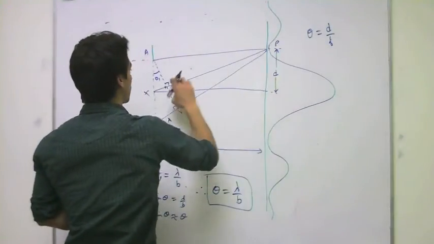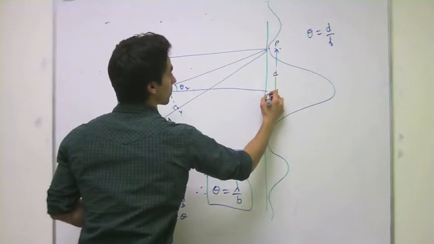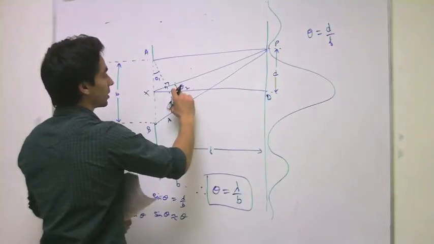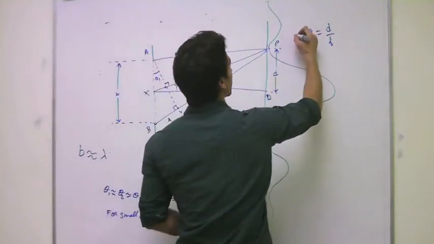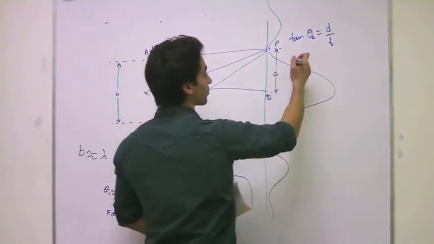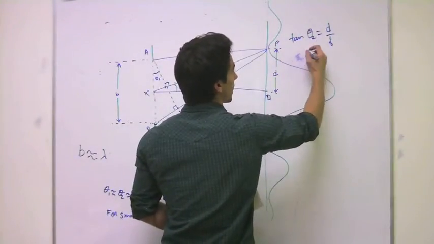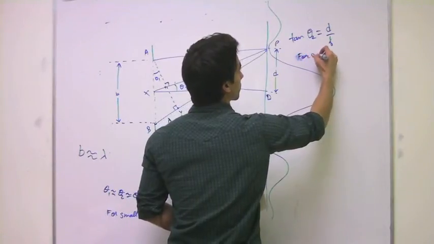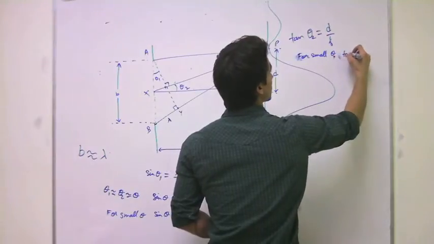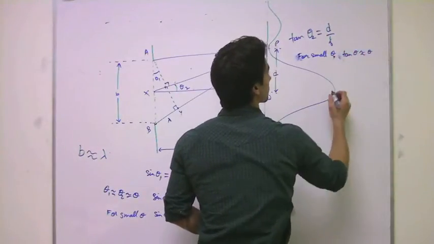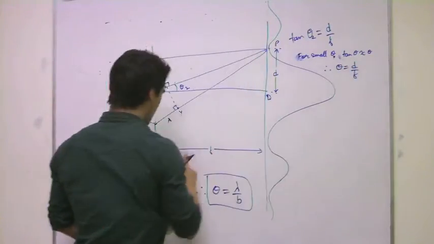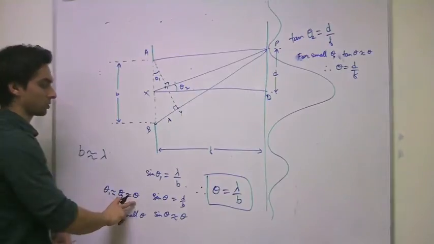Because in this triangle, p, x, and let's say d, in this triangle, tan theta 2 is equal to d over f, and for small angles, we have tan theta approximately equal to theta. So therefore, theta equals d over f, because for small angles we have approximated theta 1 and theta 2 to theta.